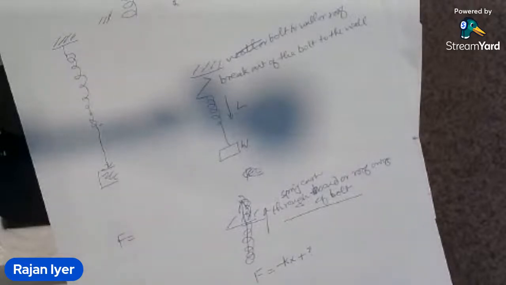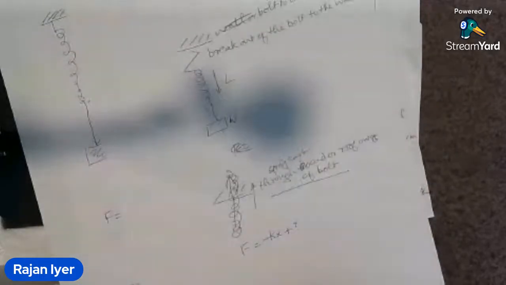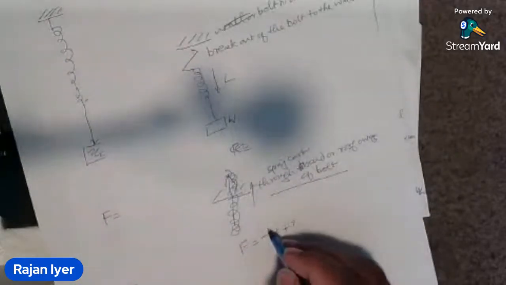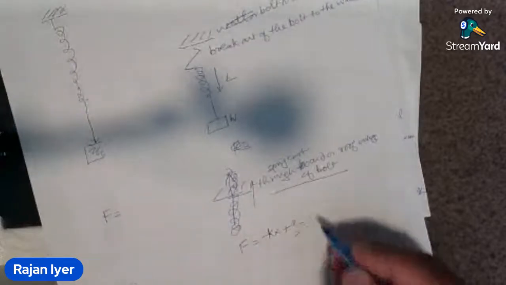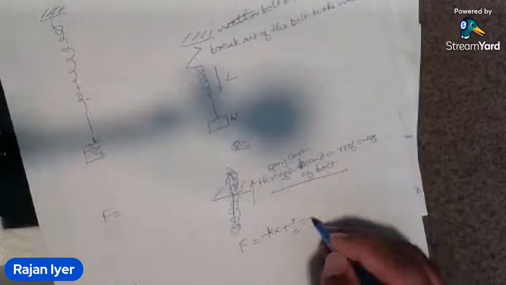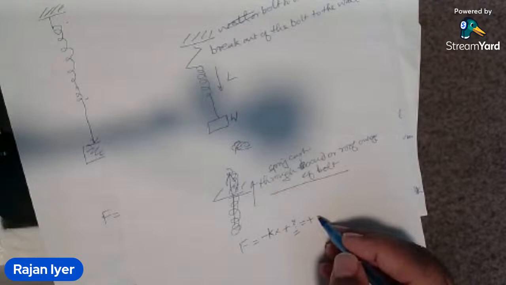We don't know that. Would it not be minus x? If it's minus k minus x, then that would be just plus kx, wouldn't it?